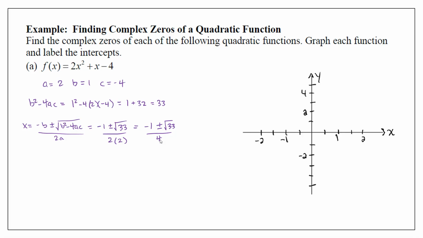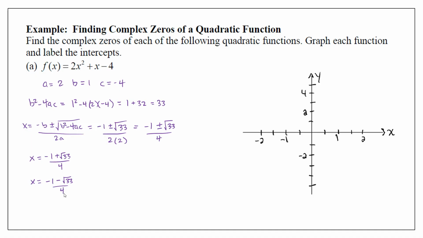So I have two values of x. x equals negative 1 plus the square root of 33 divided by 4, and x equals negative 1 minus the square root of 33 divided by 4. Okay, and we can get rough estimates of this value in our calculator.